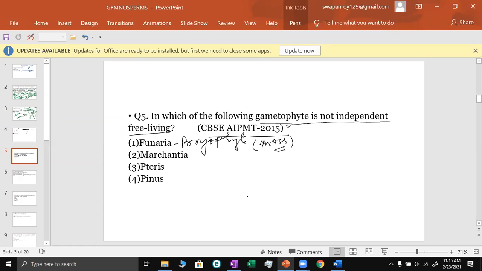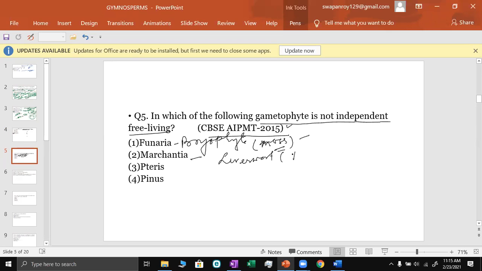So in moss, what happened? Gametophyte is independent. Is it? The main plant body is the gametophyte and it is free living. Marchantia is a liverwort.